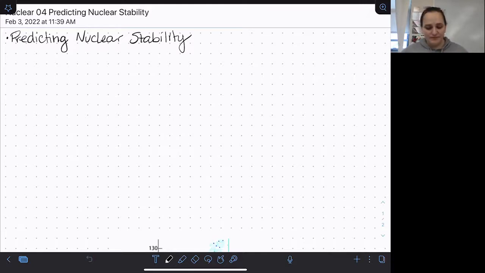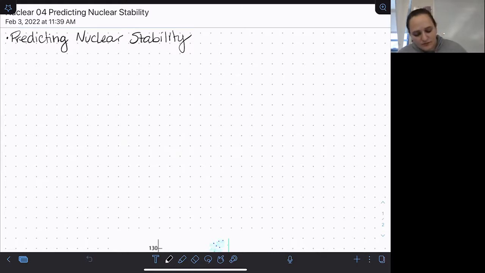That's totally fine. But these are just meant to be some guidelines to help us think about the most common scenarios. So if I'm asking you to predict whether something is stable or unstable, you can assume it's going to kind of fall into fitting these guidelines. I am not going to ask you to memorize exceptions or anything like that.